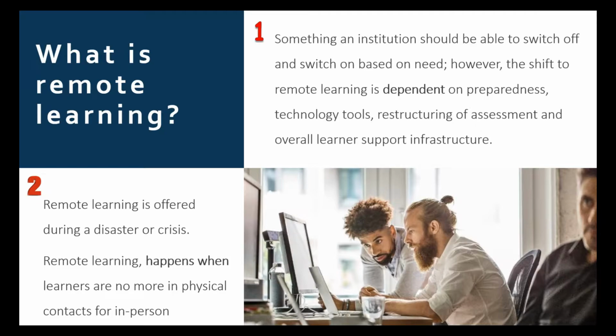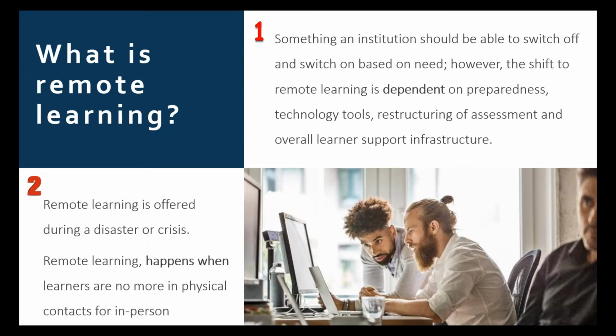Well-planned online learning, distant learning, virtual learning, mobile learning, or distributed learning experiences are meaningfully different from courses offered online in response to a crisis or disaster. The online learning offered during a disaster or crisis is called remote learning.